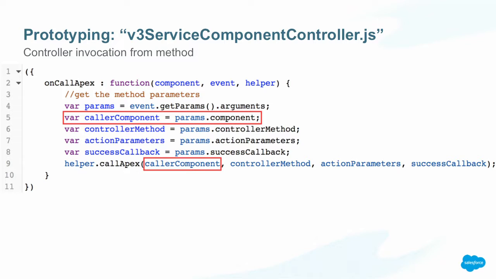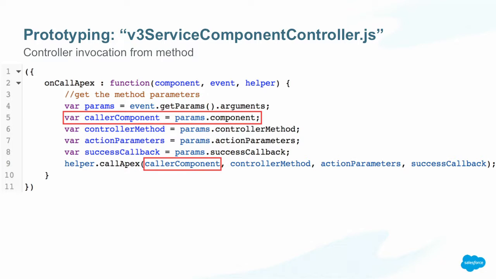Now, just one missing thing. The callback function lives in component A, and I do the invocation in my service component. So I need a reference to come back to that component. Normally you have the component reference, and that's the only reason why I have this variable callerComponent: I need the reference to come back to my original component.